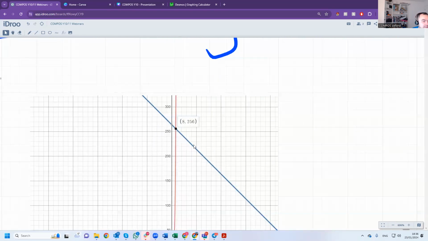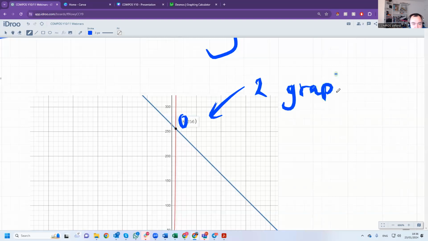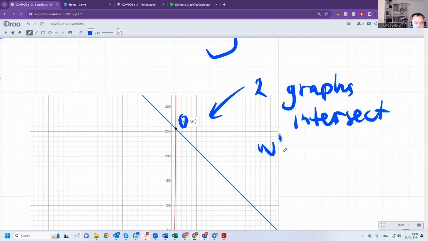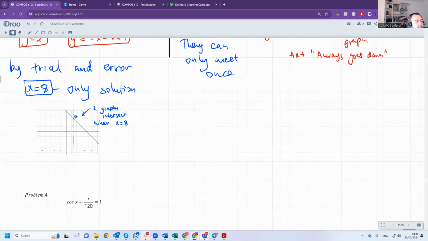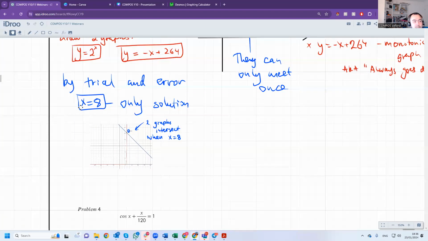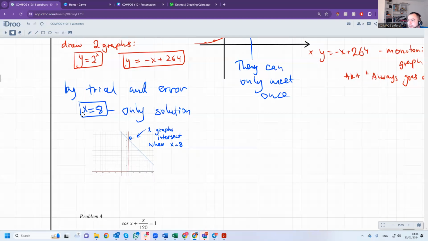The two graphs intersect when x equals 8. That's important. That's how you do graphical solving. Okay. Yeah, happy with that?